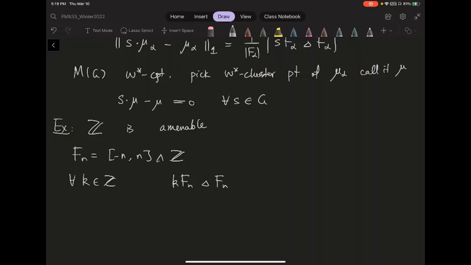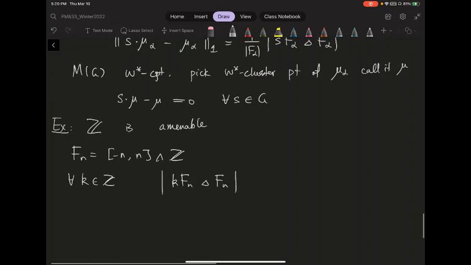This is basic combinatorics: you shift it, and let's just say k is greater than 0. What you end up with on the positive side is n plus 1, n plus 2, up to n plus k. On the negative side, you lose negative n, negative n plus 1, and so on.